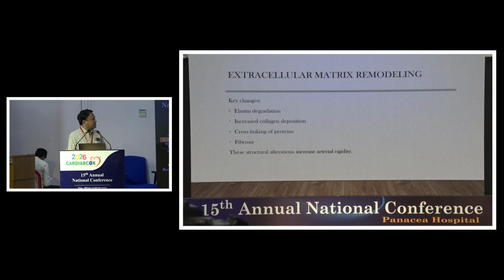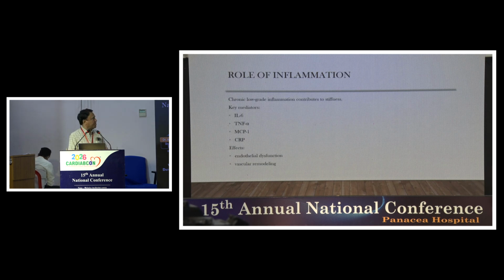The molecular changes responsible for extracellular matrix remodeling are elastin degradation, increased collagen deposition, cross-linking of proteins and fibrosis, and these structural alterations ultimately lead to arterial stiffness.